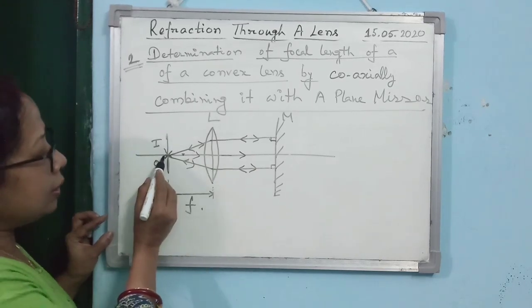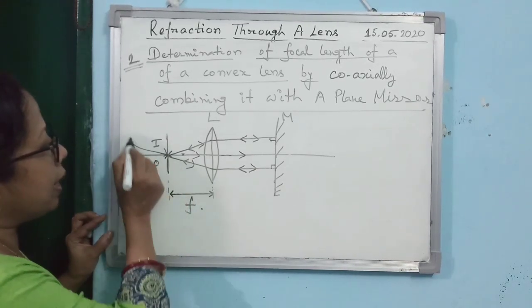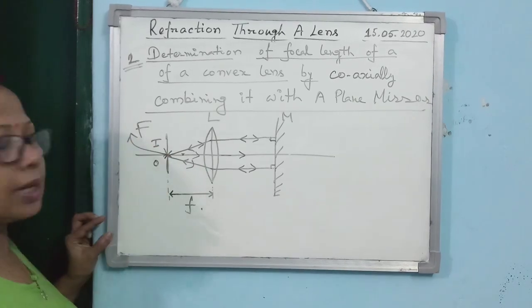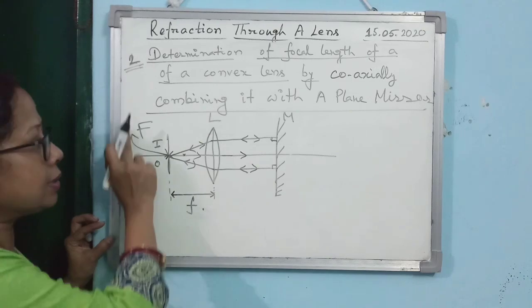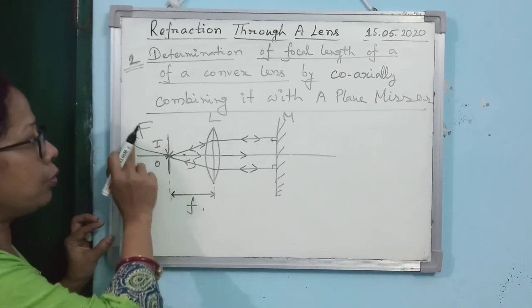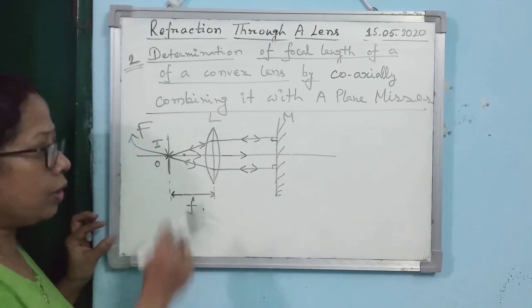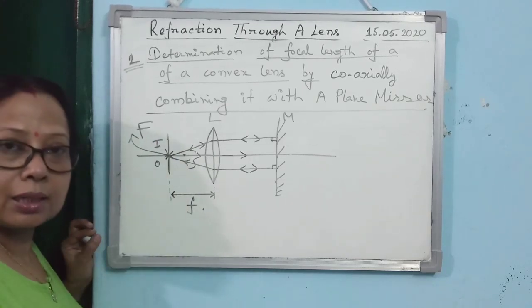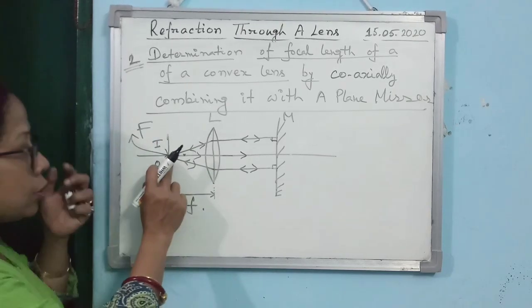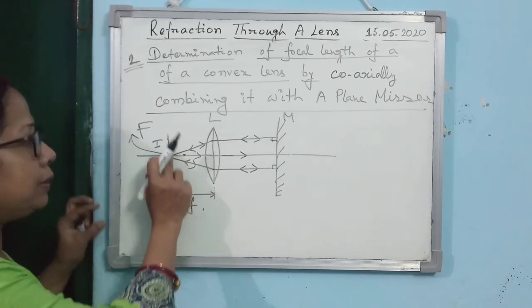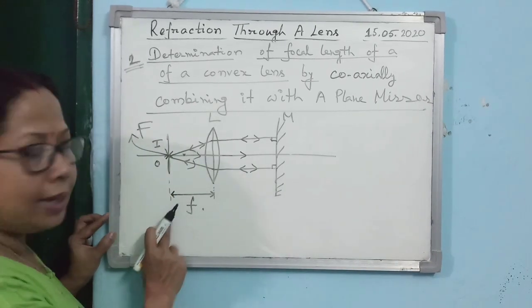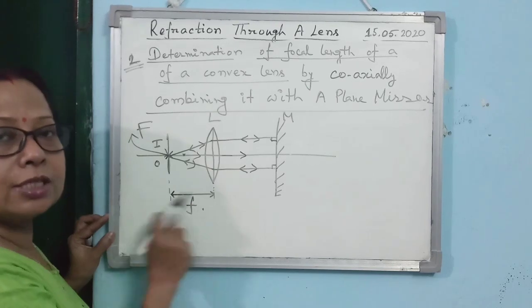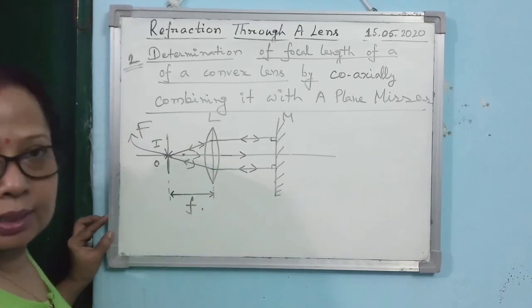This point is nothing but the focus. You do not draw it like this; for your understanding, I have written F. You don't have to give this arrow and don't have to write F. Only you will draw O and I. Is that clear, girls? So the position of the object and image is at the focus. So what is focal length then? The distance between the lens and the object is the focal length.